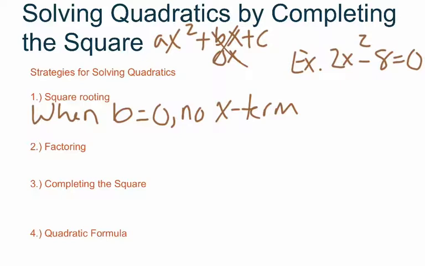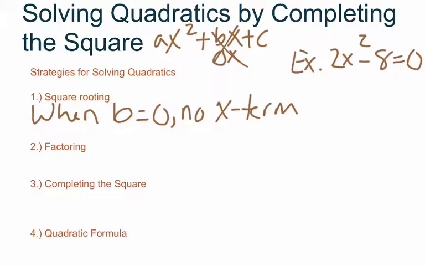That's really the only time that you can use square rooting, and most quadratics aren't like that, and you can also fall back on some other strategies. So you might be able to do the difference of squares, or you might be able to use the quadratic formula.